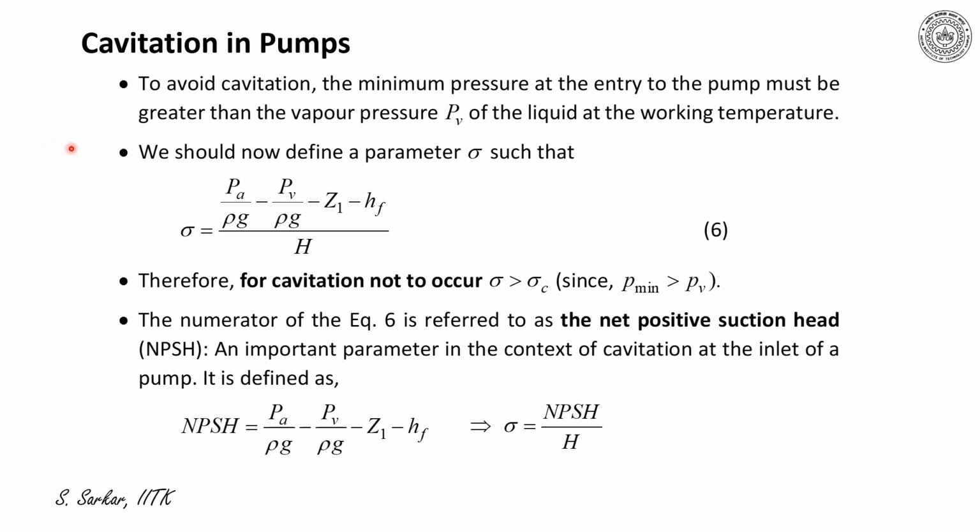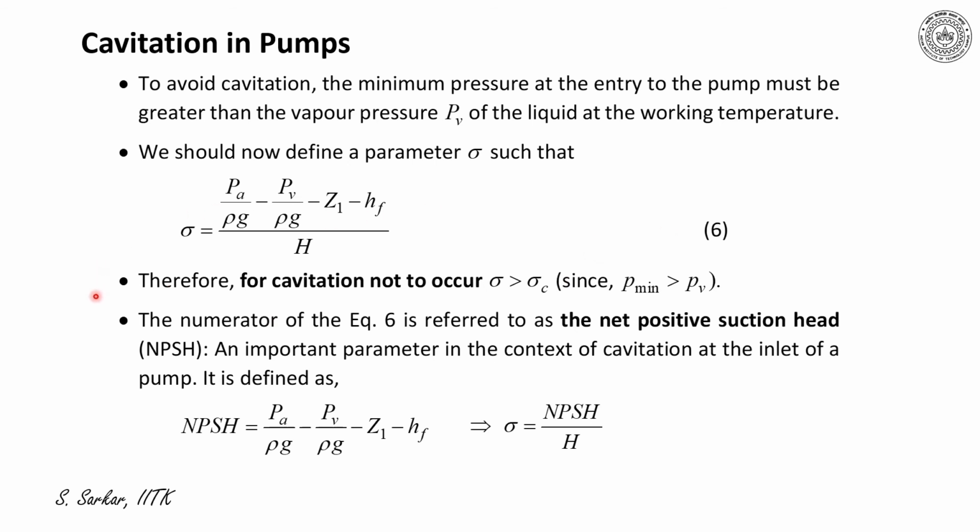We should now define a parameter sigma such that sigma is equal to PA by rho g minus PV by rho g minus Z1 minus HF divided by H, where H is the head developed by the pump. So the cavitation parameter sigma is given by equation number 6.